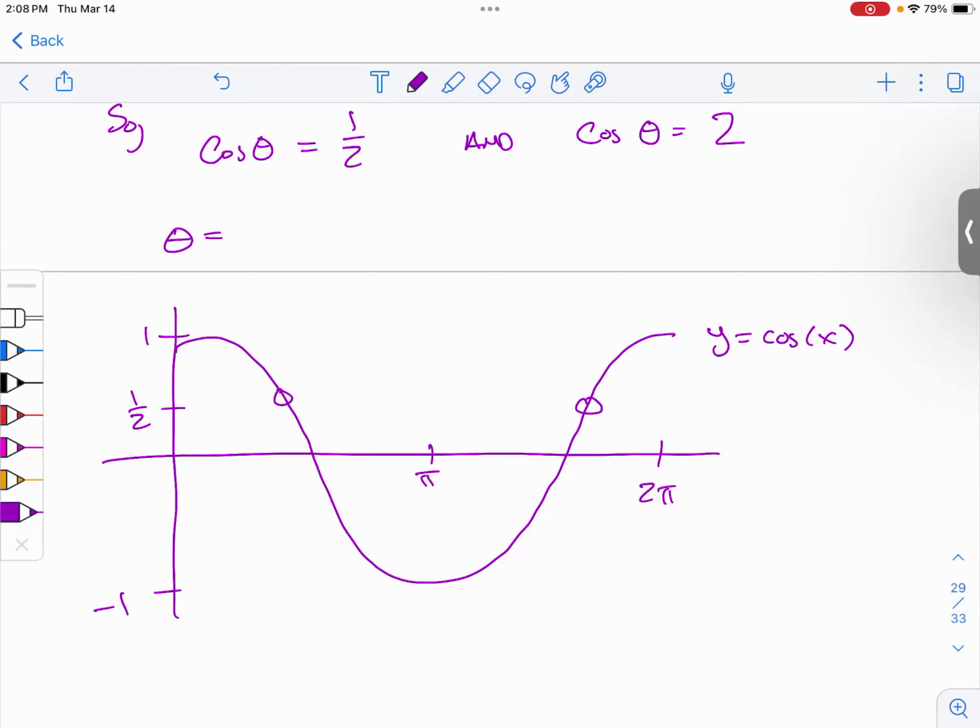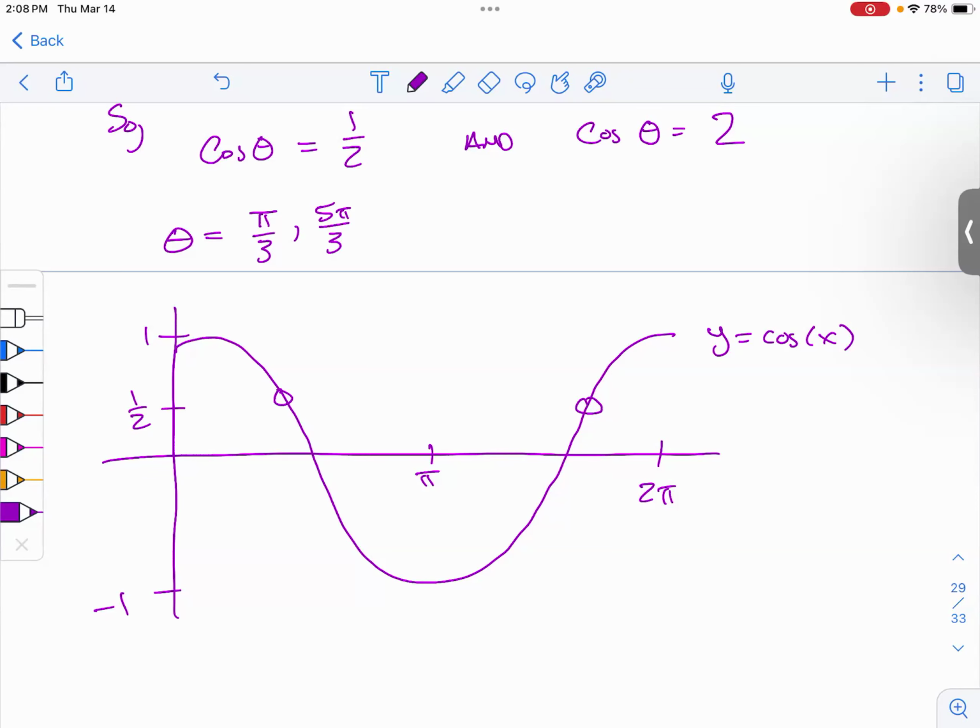Oh, sorry. Pi over 3? And what's the other one? 5 pi over 3. It's way over here. And cosine is kind of annoying like that, which is why I like sine better. So pi over 3 and 5 pi over 3. Okay, so that one, piece of cake.